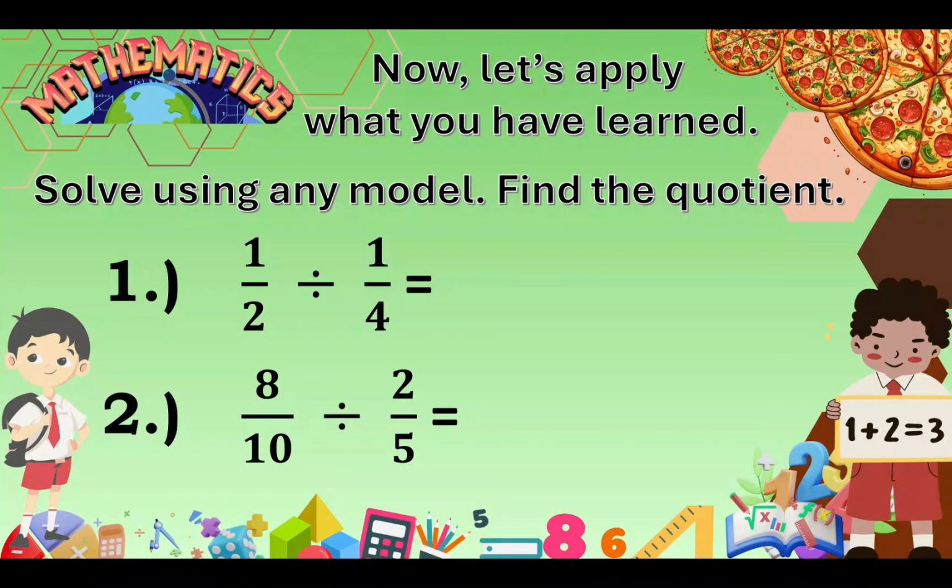Alright, if you already have your answer, let's try showing our answers. For number 1, we have the model, the pictorial illustration of 1/2 divided by 1/4. By just visualizing the fraction models, we can see that there are two 1/4 in 1/2.